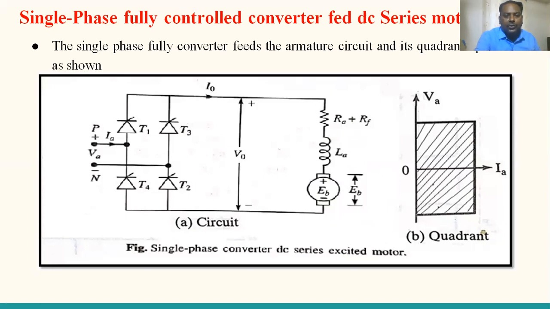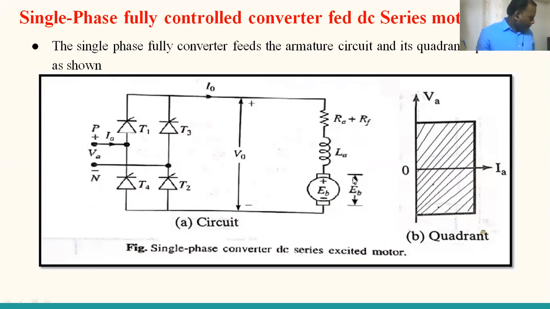During the power flow from source to the load, the average output voltage and average output current are both positive, which happens in the first quadrant.